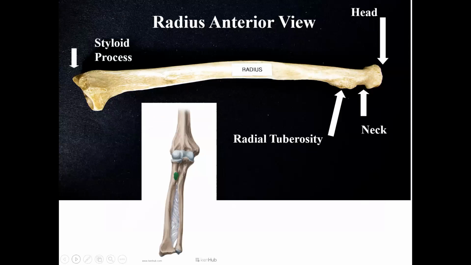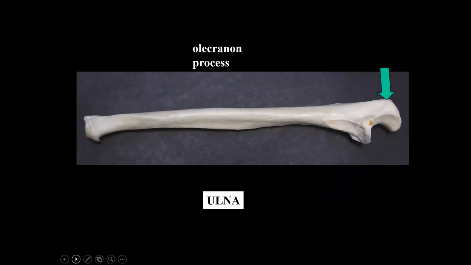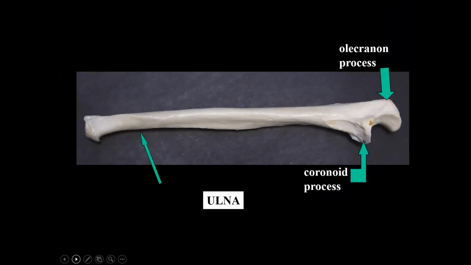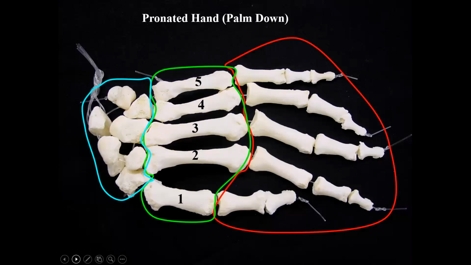Let's go to the hand now. This is our hand. We have 3 sets of bones in our hands. We have the phalanges, which are the fingers. We have the metacarpals, which are the bones of the hand itself. And we have the carpal bones, which are the wrist bones. Now, the good news is that our feet use similar names. The toes are called phalanges, just like the fingers are.